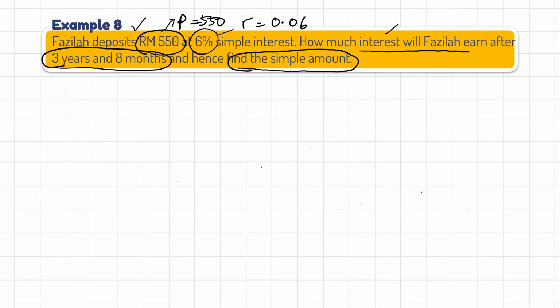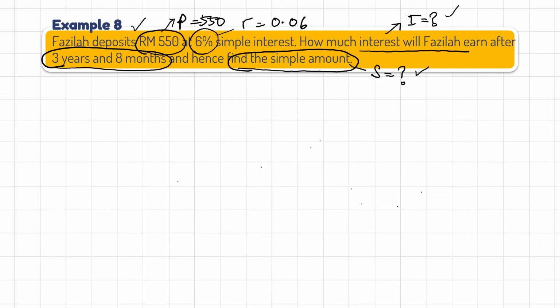Then the question asks you to find how much interest will Fazilah earn. So the question wants I, capital letter I. Hence, find the simple amount, which is capital letter S. Therefore, in this example, we need to find two things, which is interest, the first one, and then the second one, we need to find simple amount.